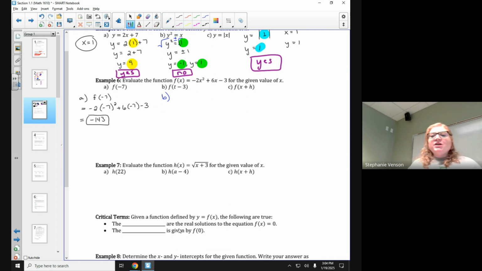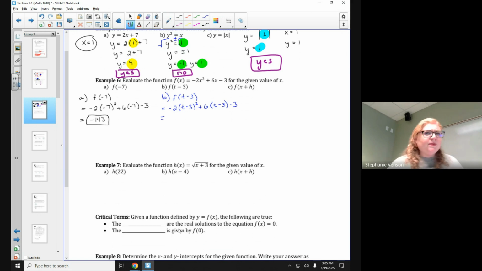This time we're calculating f of t minus 3. So everywhere I see an x in the original problem, I'm going to put a t minus 3. So f of t minus 3 is negative 2 times t minus 3 squared plus 6 times t minus 3 minus 3.